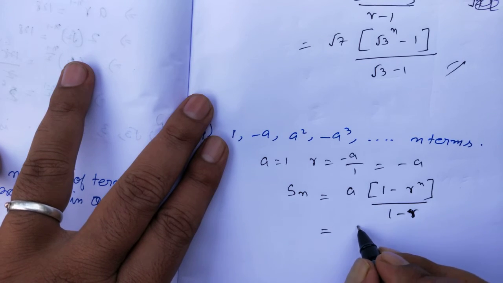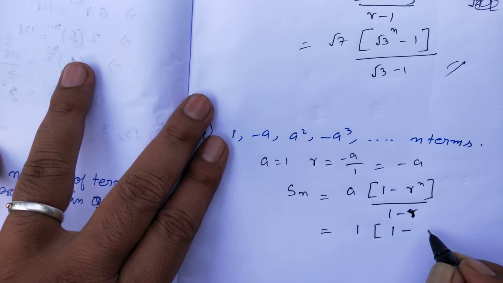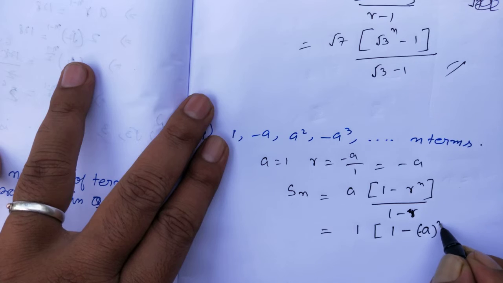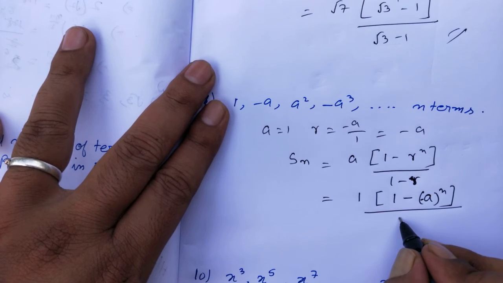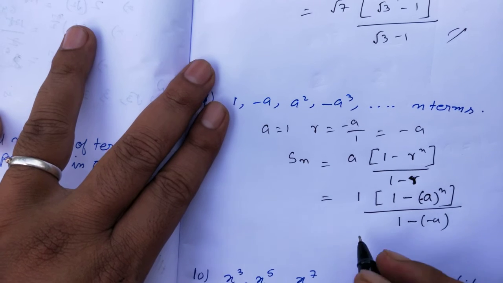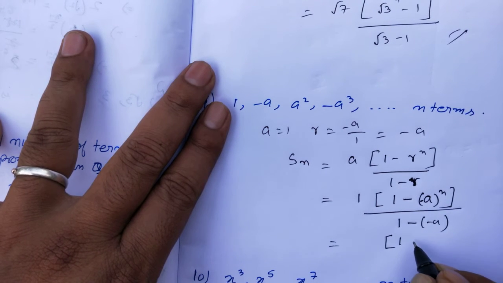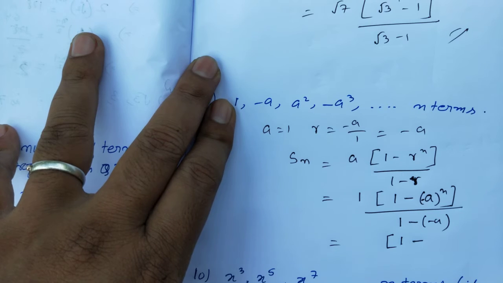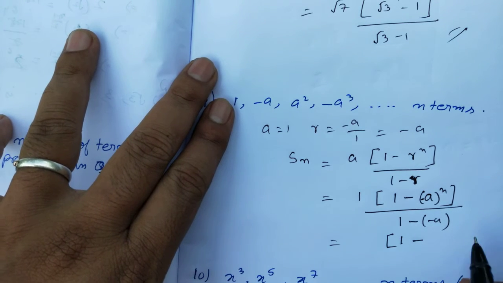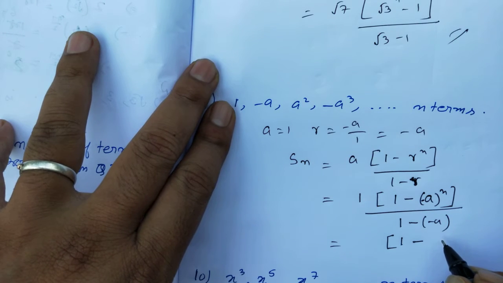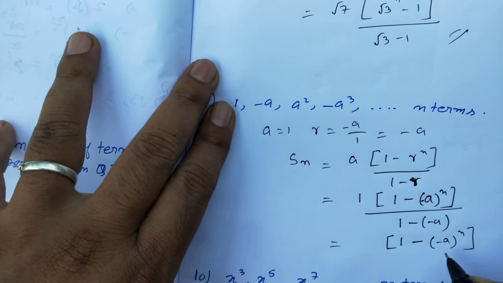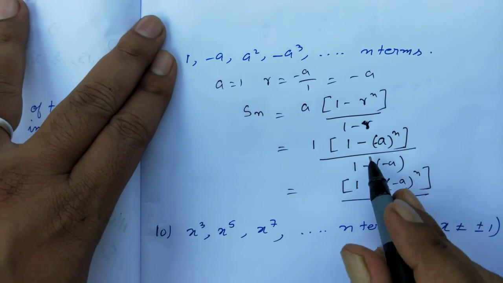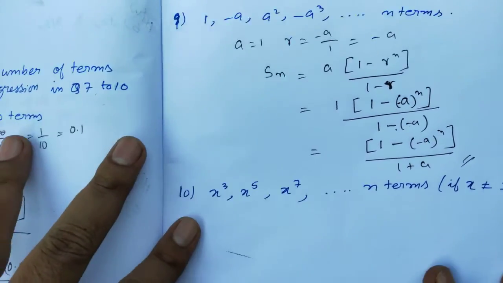A is 1. 1 minus R is 1 minus minus A. So we're getting 1 minus minus A whole n over 1 plus A; this is minus minus, plus A. So this is your answer.